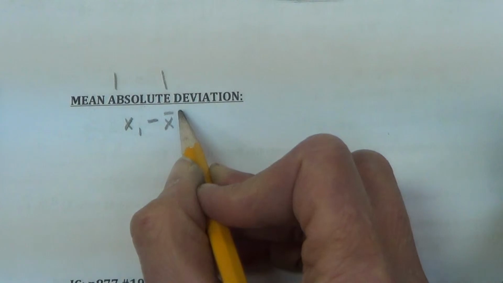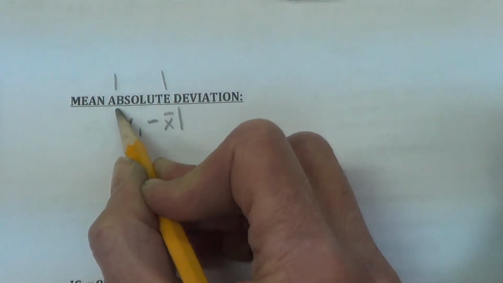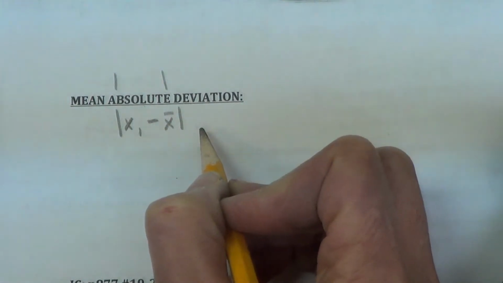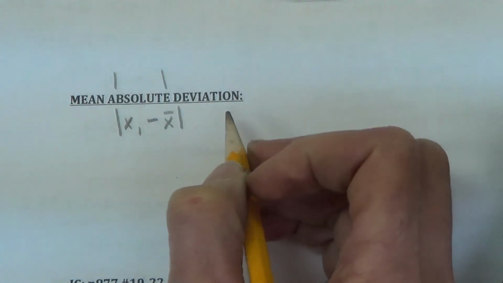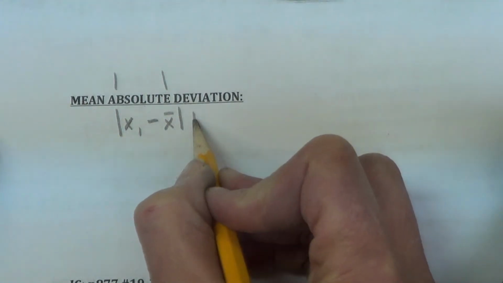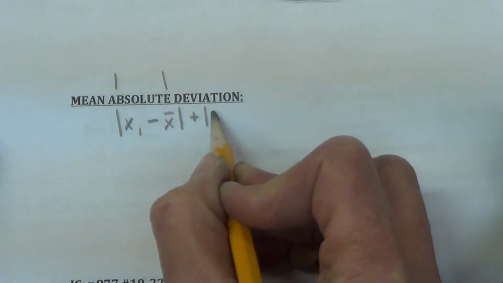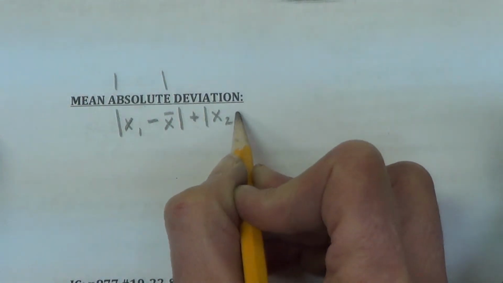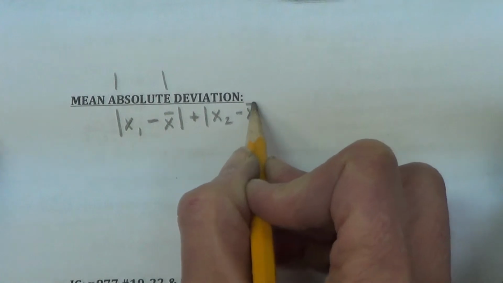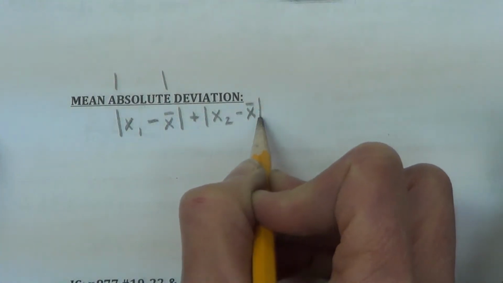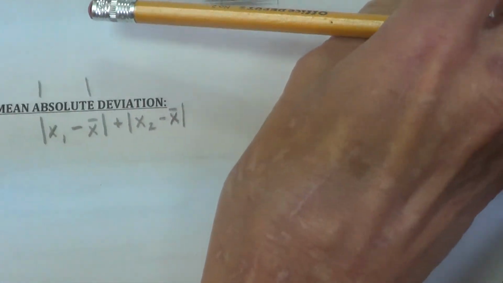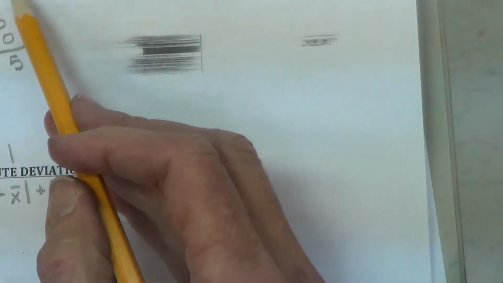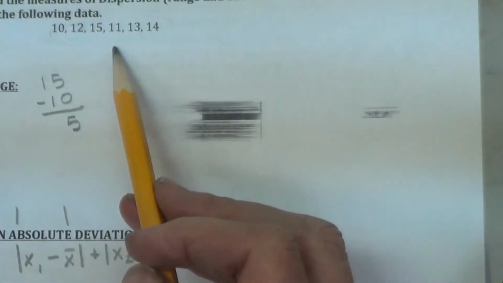Now, we need to take absolute value in order to not get negatives or pluses involved in this, and we just add the next item. So we're really going to see how far everything is from the mean. Let's do that much. Let's find the mean of all these numbers.